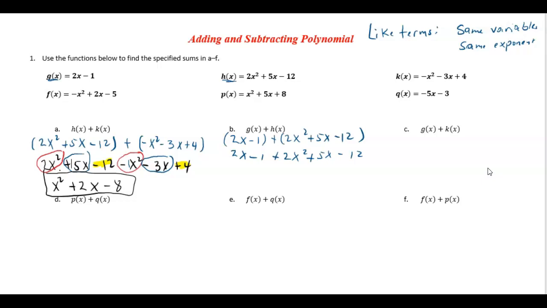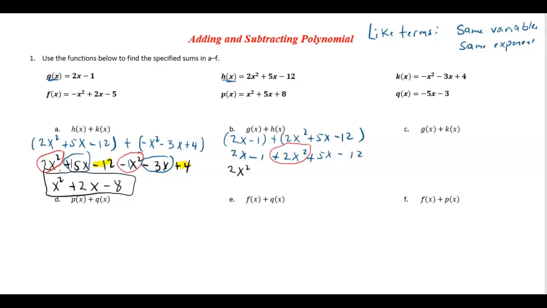I always start with the highest one first, which in this case is x squared. Is there anything here that looks like 2x squared? No, 2x squared is the only one. So we're going to have 2x squared here.